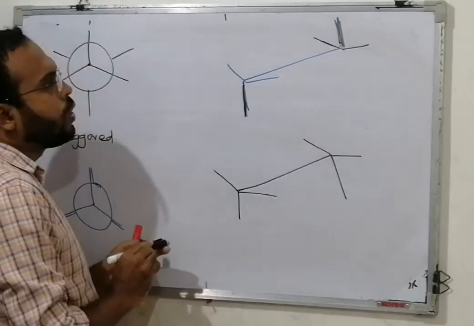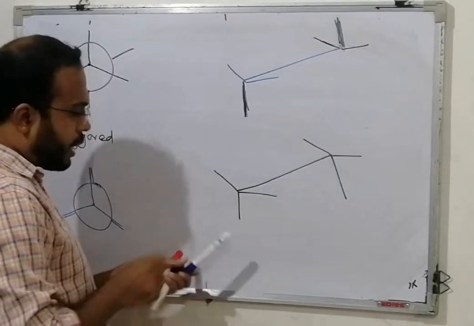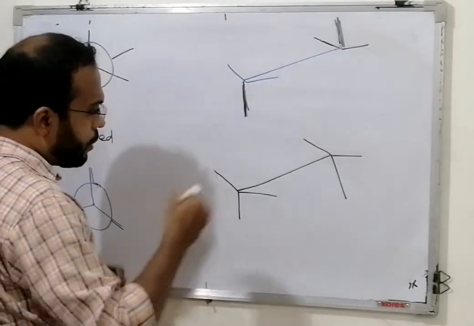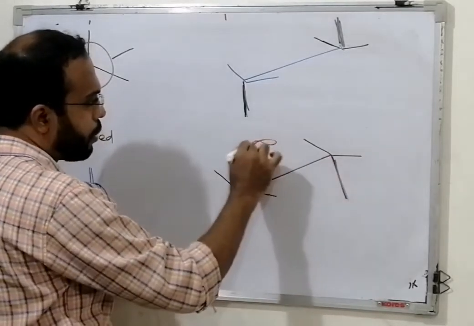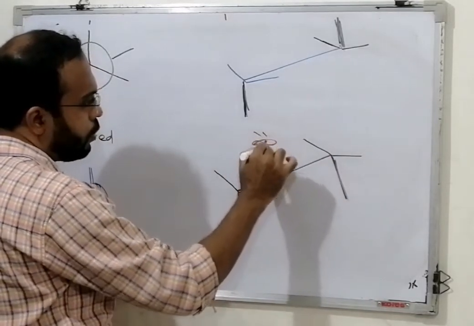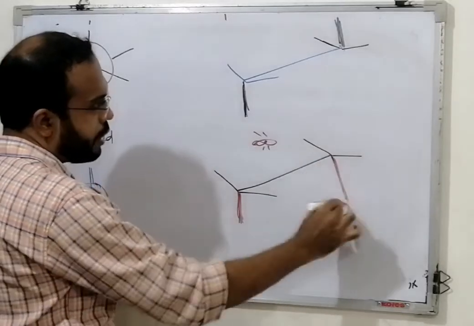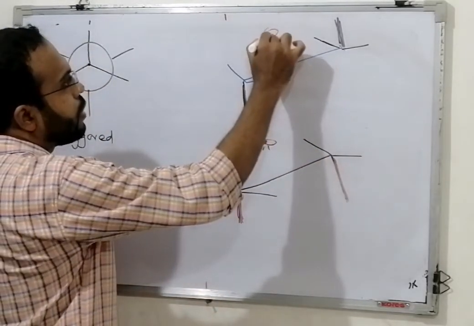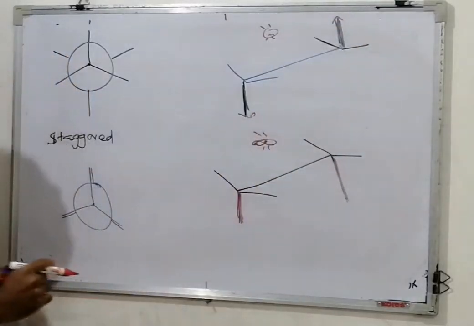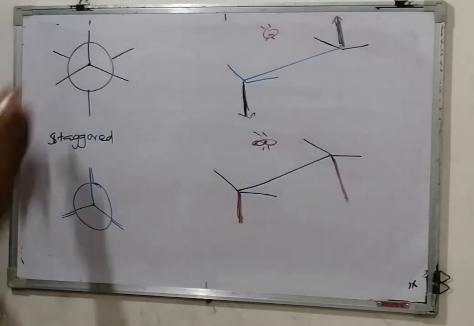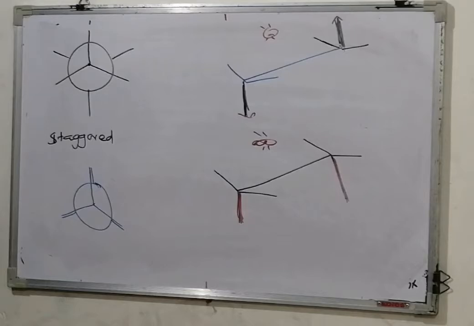Therefore, in Sawhorse, staggered and eclipsed are identified by this. Down, down. When you look from here, same direction. Here when you look from here, this is up, this is down. Here it is a little bit simpler.